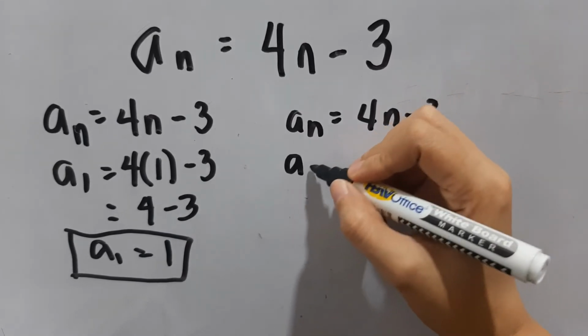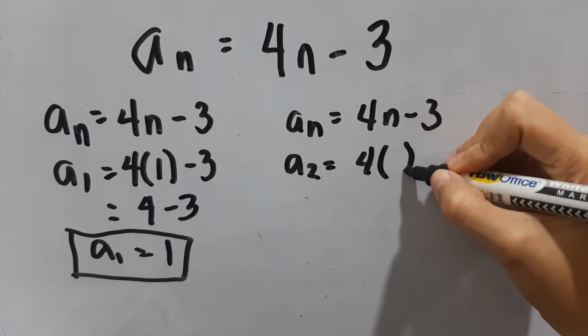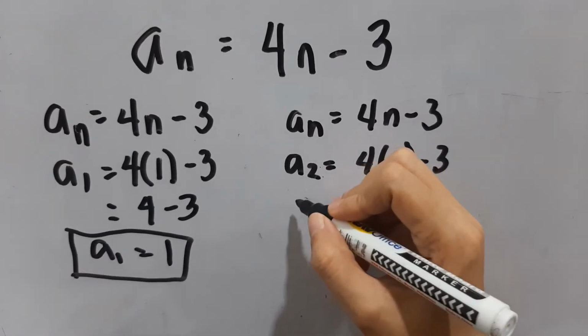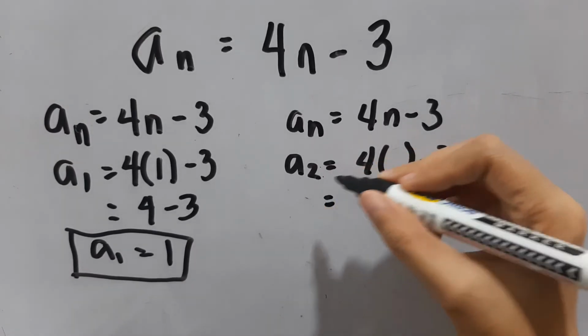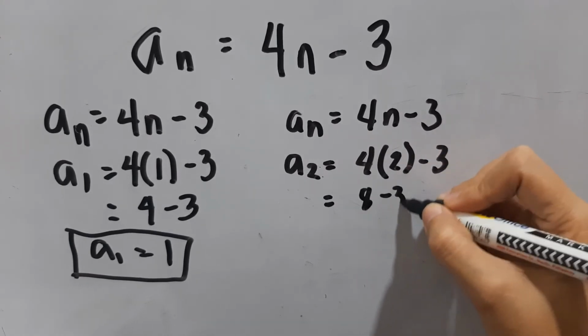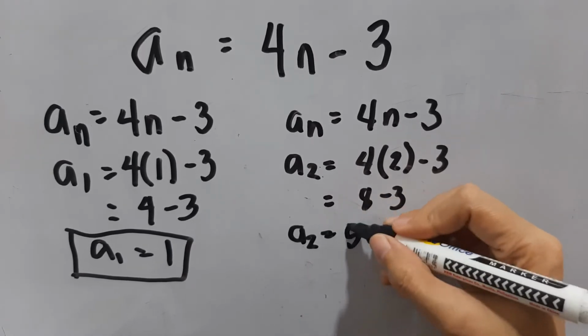So, our second term equals 4 and then parenthesis, minus 3. Kinopya lang yung original formula and then solve. Copy 2. 4 times 2 is 8 minus 3. So, our second term is equal to 5.